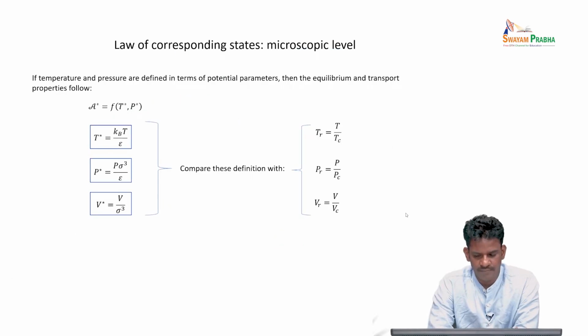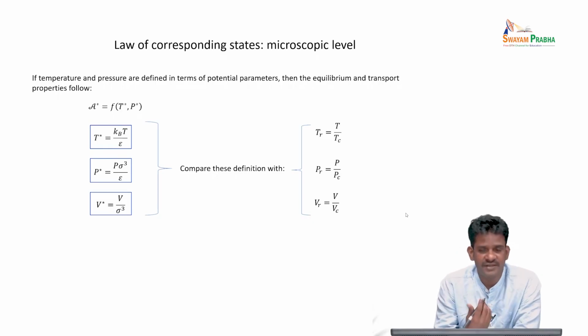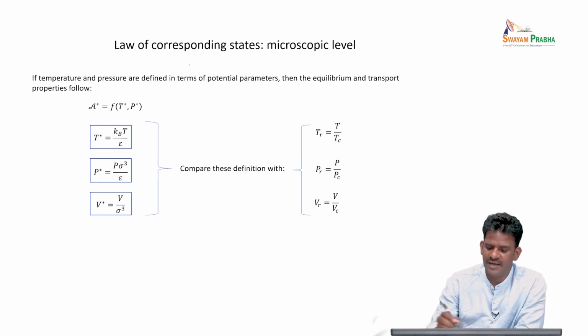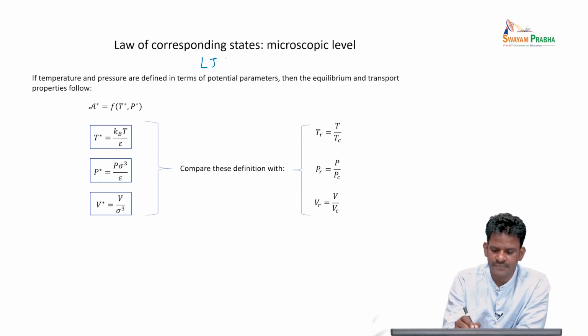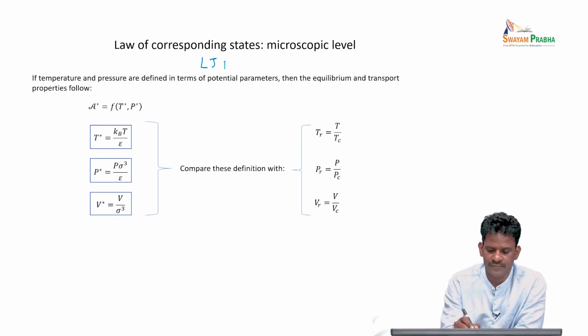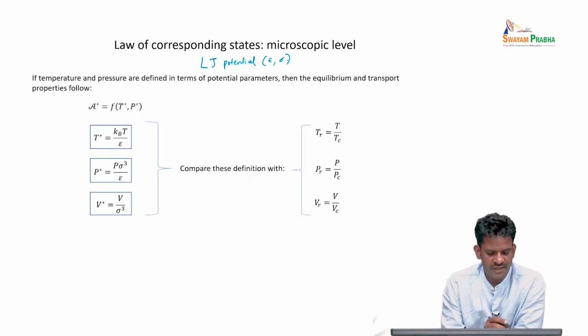So, now what we can also do is extend a little further. Not only can we normalize the potential parameters, but we can also define thermodynamic variables such as temperature, pressure and volume with respect to these molecular parameters. Right now we are taking Lennard-Jones as an example case, but something similar can be done for other potentials also. In the Lennard-Jones potential we have two parameters, epsilon and sigma.